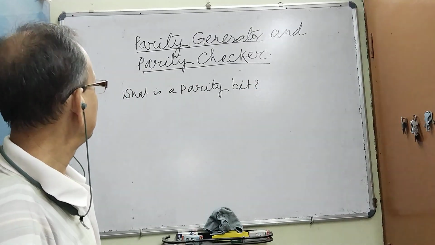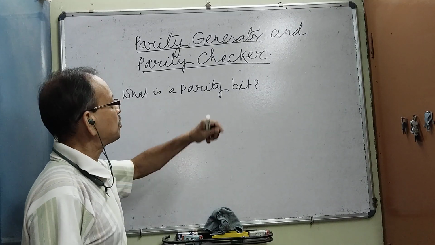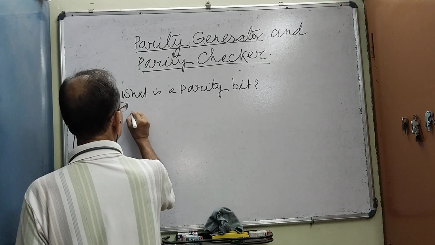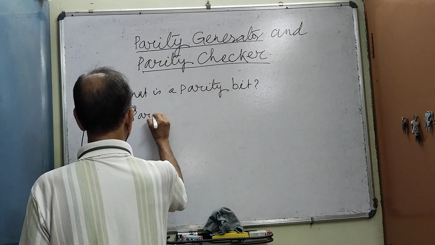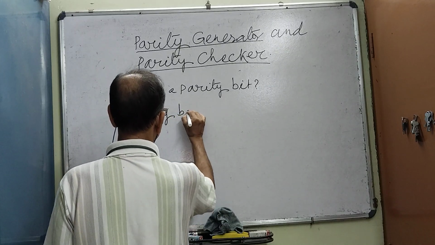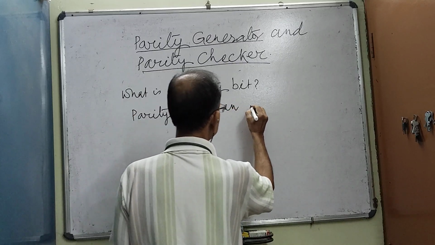What is a parity bit? Parity bit is an additional bit, which is added, which is embedded with the normal data bit.